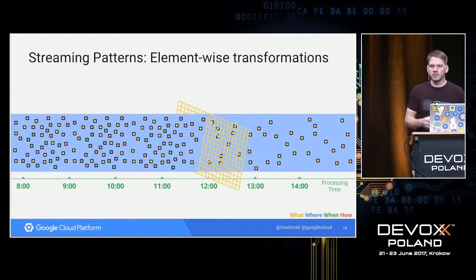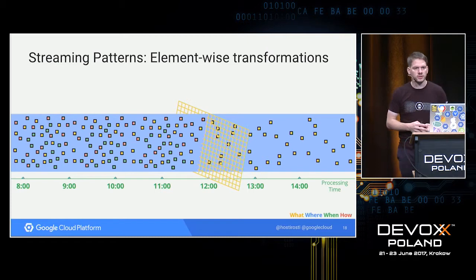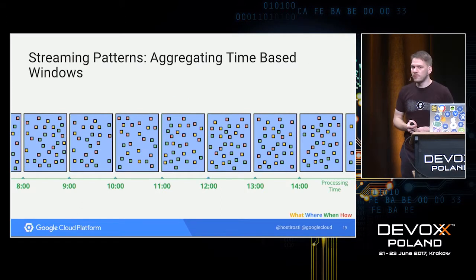Now, the processing patterns that you use in there are what you pretty much are familiar with from other ways of processing data. One of the things, very simple, for instance, is filtering element-wise. And then once you have filtered them, you still want to get aggregations of your data.